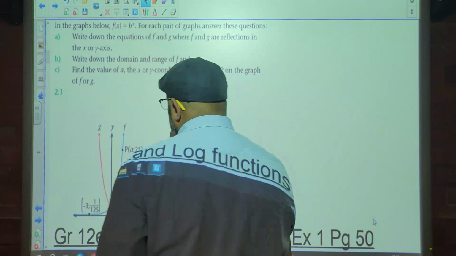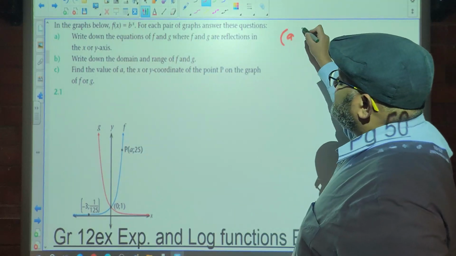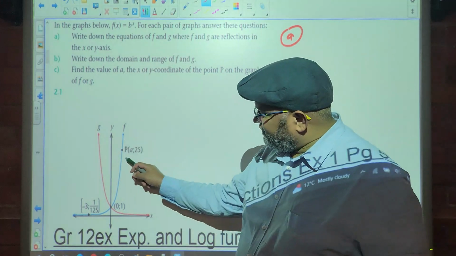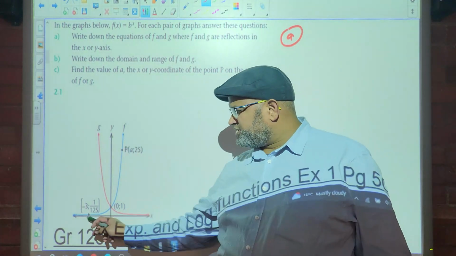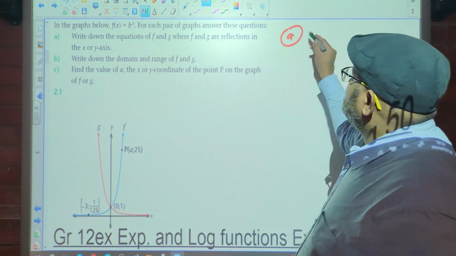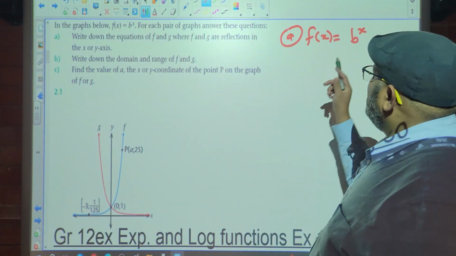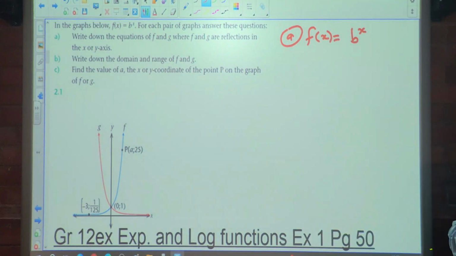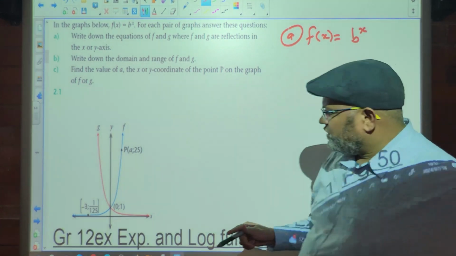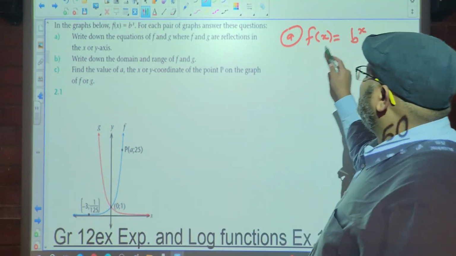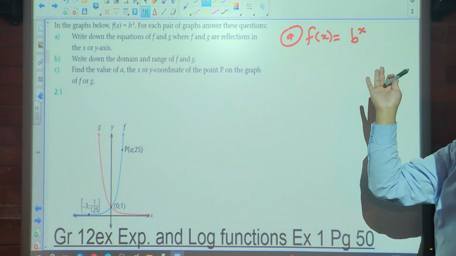Alright, so let's go with A. Write down the equation of f or g. So if you're looking at f and g, f is this graph here, not so? So f of x is equal to b to the x. Now how many unknowns do we need to solve there? One, which is b. So we just need 1 point on this graph other than 0 and 1. If I'm going to put 0 in here, b to the 0 is 1, so that's not going to work for us.